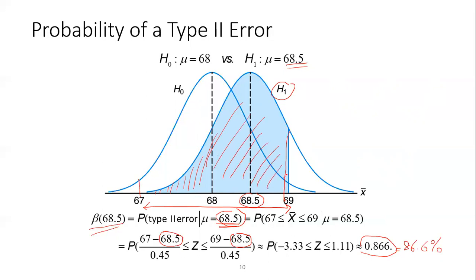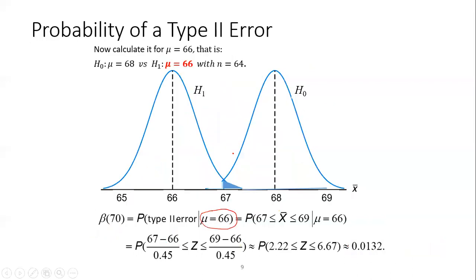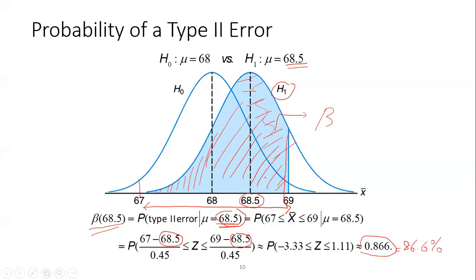This shaded region gives you the beta. Understanding it here is much better than the previous one, because there we only had a very small portion of area, which is equal to 1.32%. Here this shaded area turns out to be 86.6%. Right?